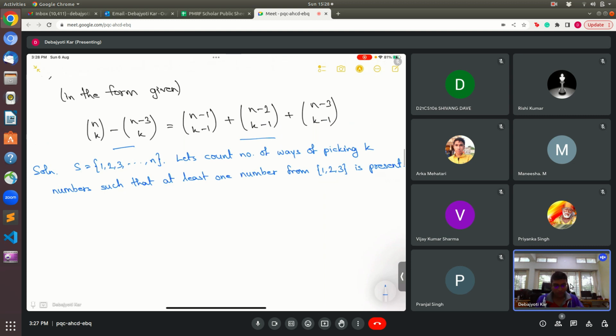So we have this set 1, 2, 3 up to n. We want to pick k numbers, but with the restriction that among the first three numbers, that is 1, 2 and 3, at least one number must be chosen. So let us count the number of ways of doing this.